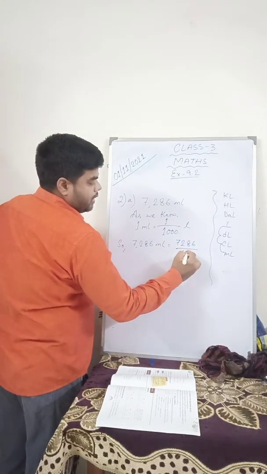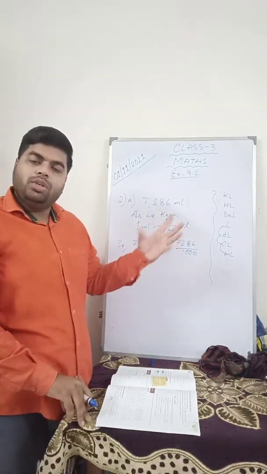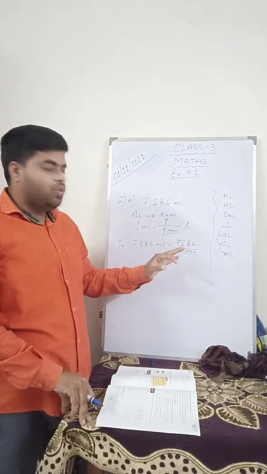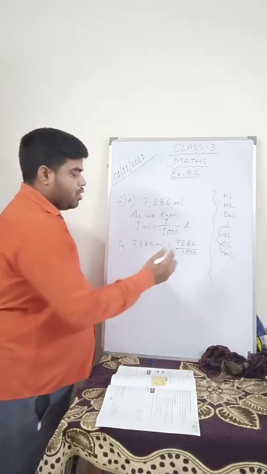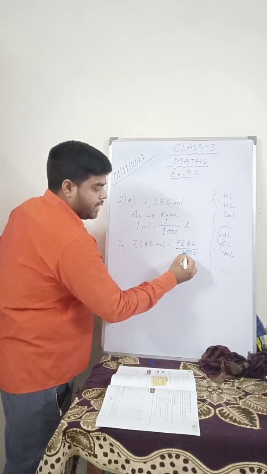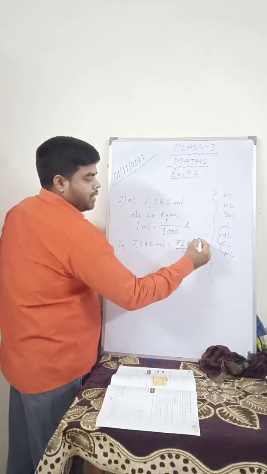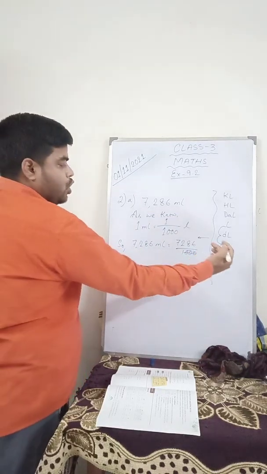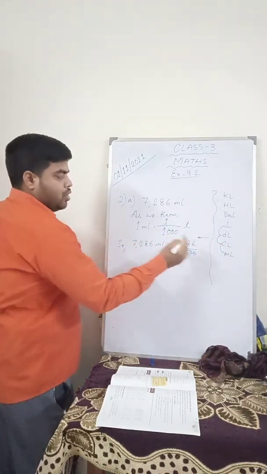7,286 divided by 1000. Now when you divide, you can still find out, but let me show you one short form so that you don't have to divide. How many zeros you have at the bottom? You have 3 zeros. So count 1, 2, 3 and cancel. You have 3 zeros, and from the right hand side, go towards the left hand side up to 3 places, because 3 zeros you have cancelled.